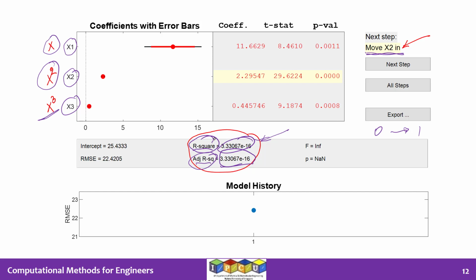R squared basically tells us how good the fit is. Adjusted R squared tells us how the model will perform when it is presented with new data. So it's a more realistic estimate of how good the model is. This adjusted R squared also has a range between 0 to 1, 1 meaning it is extremely good and 0 meaning it is extremely bad.